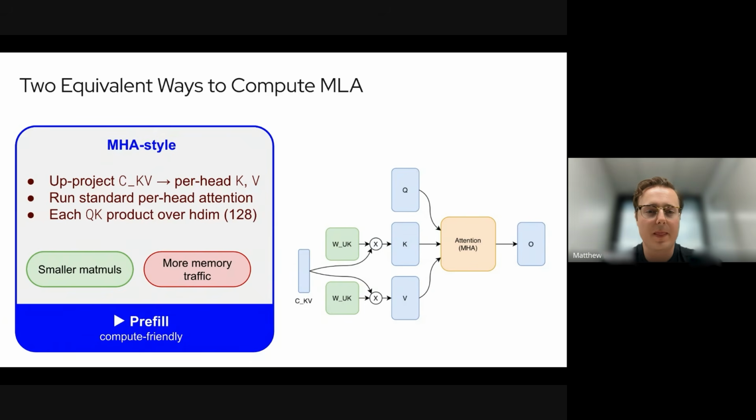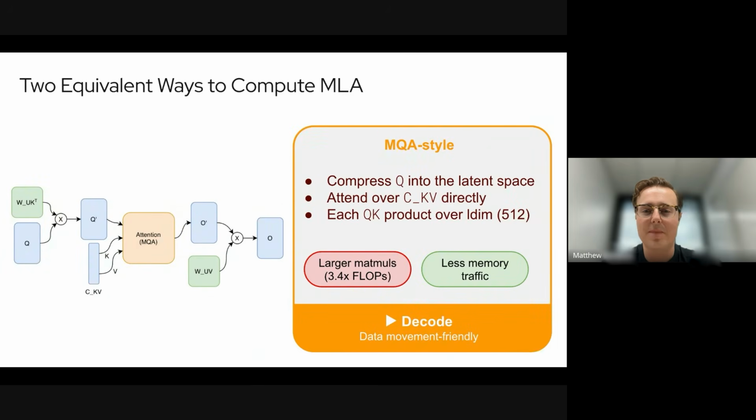The other way to compute MLA is what we call MQA style. Instead of up projecting your CKV, you compress your Q into the latent space as well. Now you have your Q prime and your CKV, and you compute attention directly over CKV in this latent space.